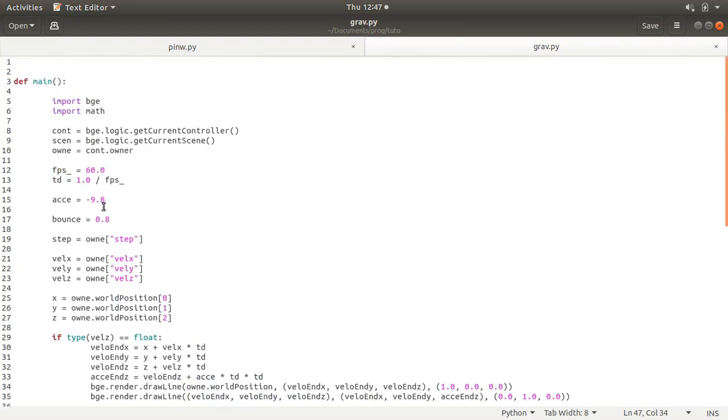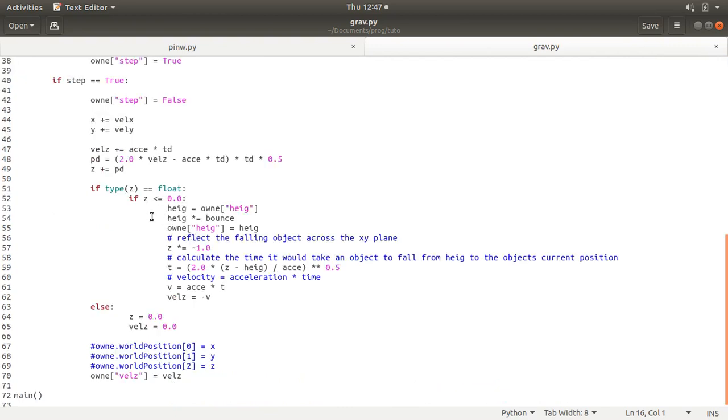Delta time is 1/60. I get this delta position, which is kind of like an accumulation function, and then I update the position of the ball. Here I check if it fell below 0, and then I get a new height determined by the bounce variable, and then I restore that height.